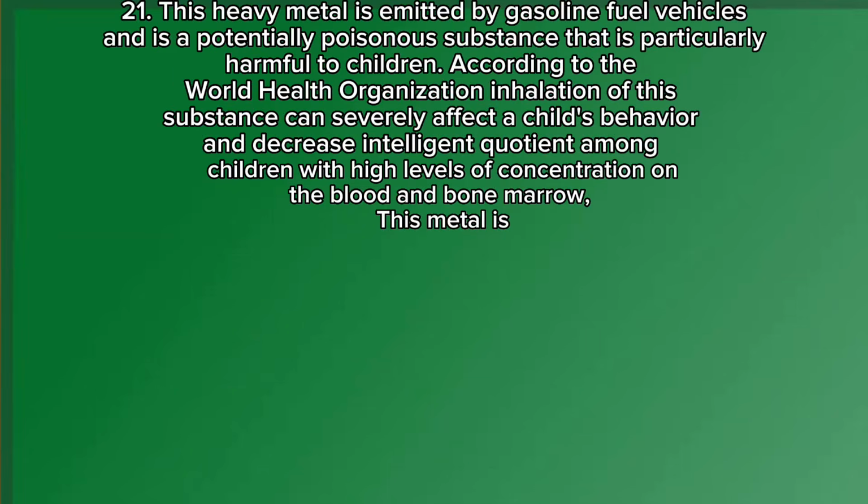21. This heavy metal is emitted by gasoline fuel vehicles and is a potentially poisonous substance that is particularly harmful to children. According to the World Health Organization, inhalation of this substance can severely affect a child's behavior and decrease intelligence quotient among children with high levels of concentration in blood and bone marrow.